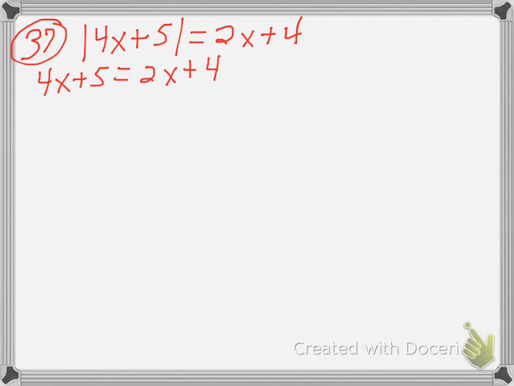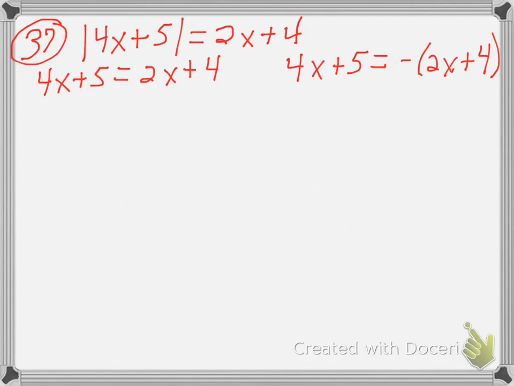And then on the other side, I'm going to set the 4x plus 5 equal to the negative. And when I set it equal to the negative, we'll do it like this, negative 2x plus 4. So that negative will end up going to both.